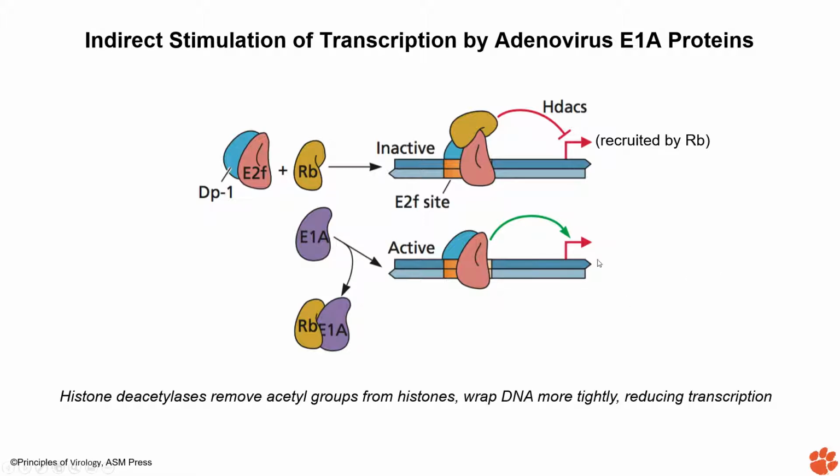As I said, the DNA is loose and it can do the transcription. RNA polymerase can do the transcription. So that's very important. This whole thing works in both ways. This works in the cellular host DNA, as well as the adenoviral DNA. We are going to see that. Both of them are controlled by this mechanism.